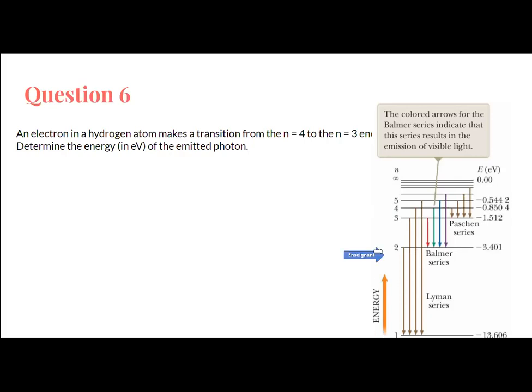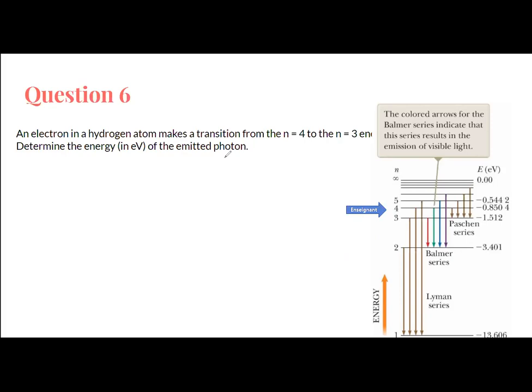So just remember, the first level is about -13. The second level is 10 electron volts higher. The third level is about 2 higher, and the fourth is about half higher than the third, and so on. As a rule of thumb, you should have a feel for what the energy should be. So when the question asks about this transition, you know it wouldn't be that much.